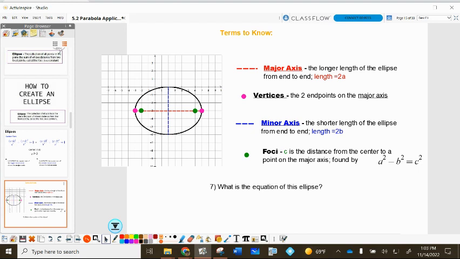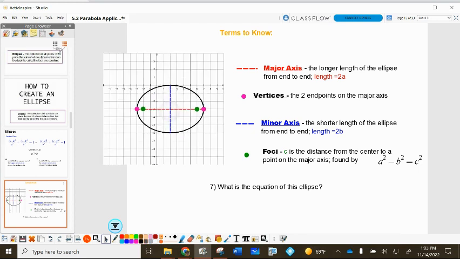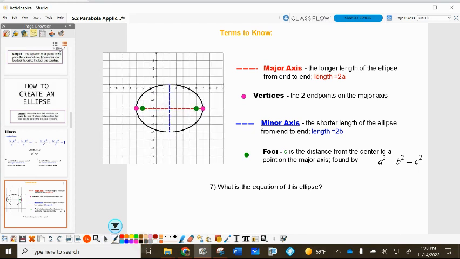Really, from the center, we're going to go out a units to get one vertex and a units to get the other vertex. Similarly for the minor axis, we're going to go out b units in one direction and b units in the other direction.